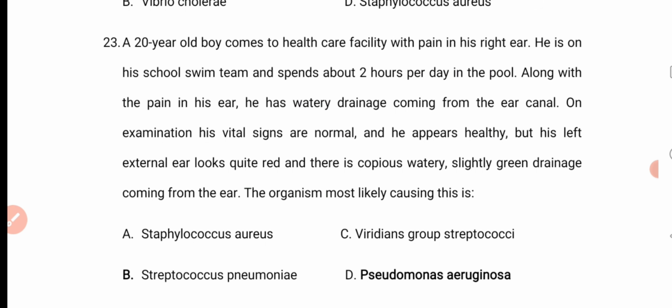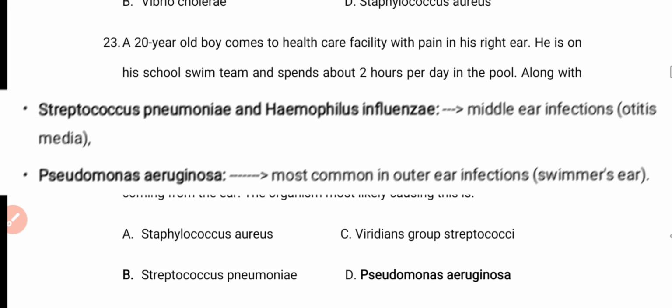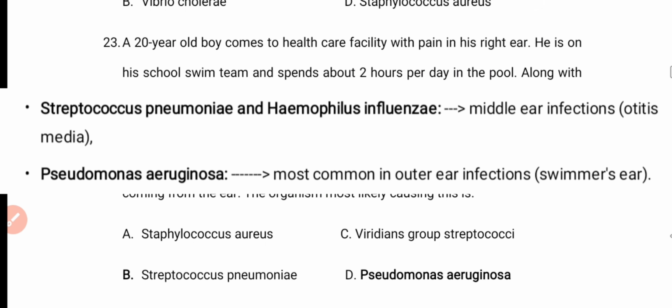So we can identify from this the first thing: the person has acquired the infection from swimming. The second thing, the main inflammation is on the outer side of the ear, not inside the ear but outside of the ear.